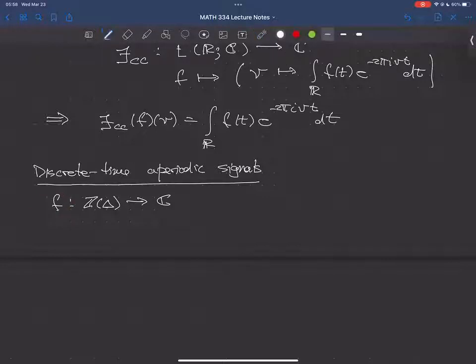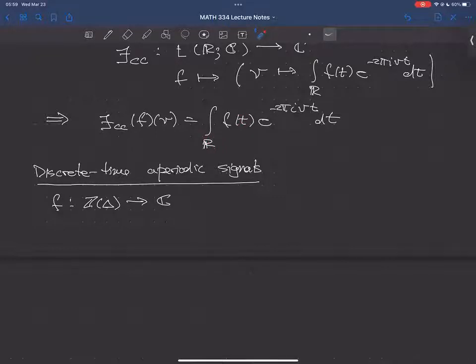And the analogy here is simple. Time now is going to be sampled time. Frequency is still going to be a continuous frequency. And the integral is going to be replaced with a sum, because the integral is over R, which is over time, and here time is discrete, so the integral is going to be a sum.